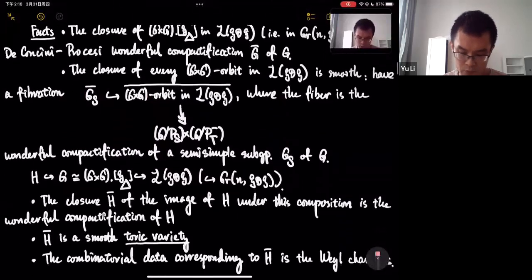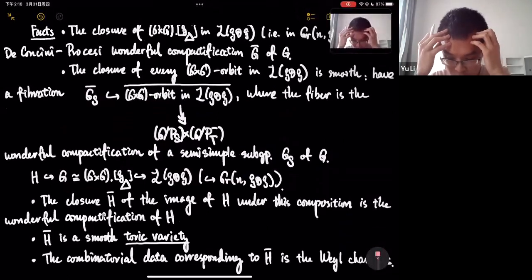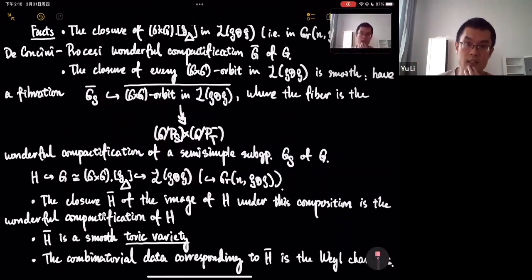If you take a G cross G orbit inside the variety of Lagrangian subalgebras and take its closure, it turns out to be a fibration over a product of partial flag varieties, and the fiber turns out to be the wonderful compactification of some semisimple group.